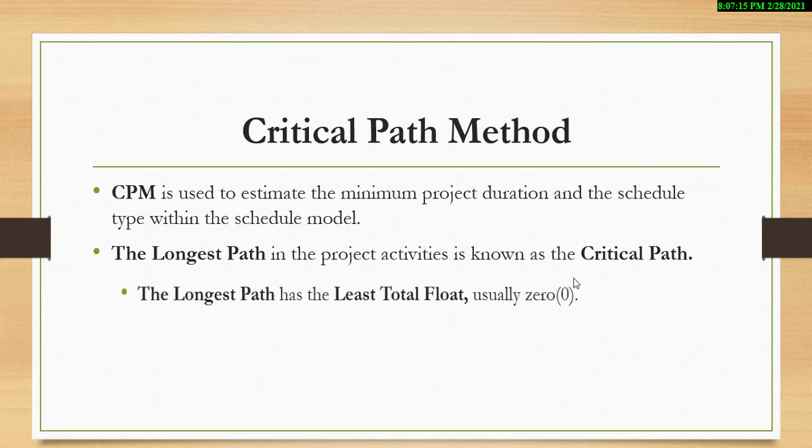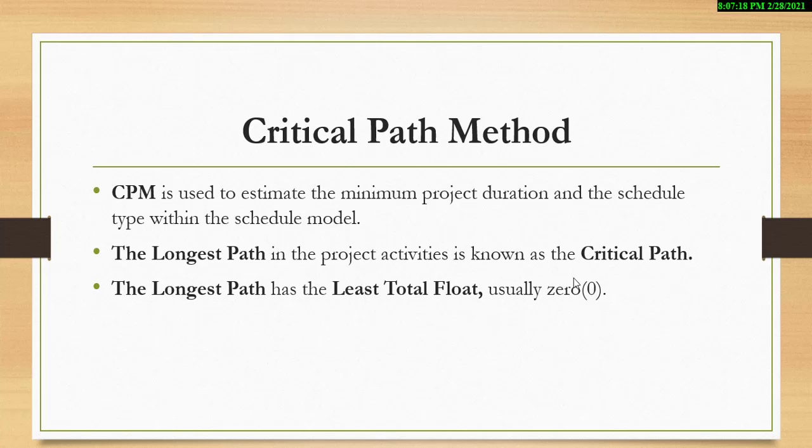Okay, let's see. So the longest path has the least total float. We shall look at it in the practical session. The longest path has the least total float. In MS Project, we call it the slack. You shall look at it when you get to the practical session of the critical path method. Now, usually the longest path is characterized by zero numbers.